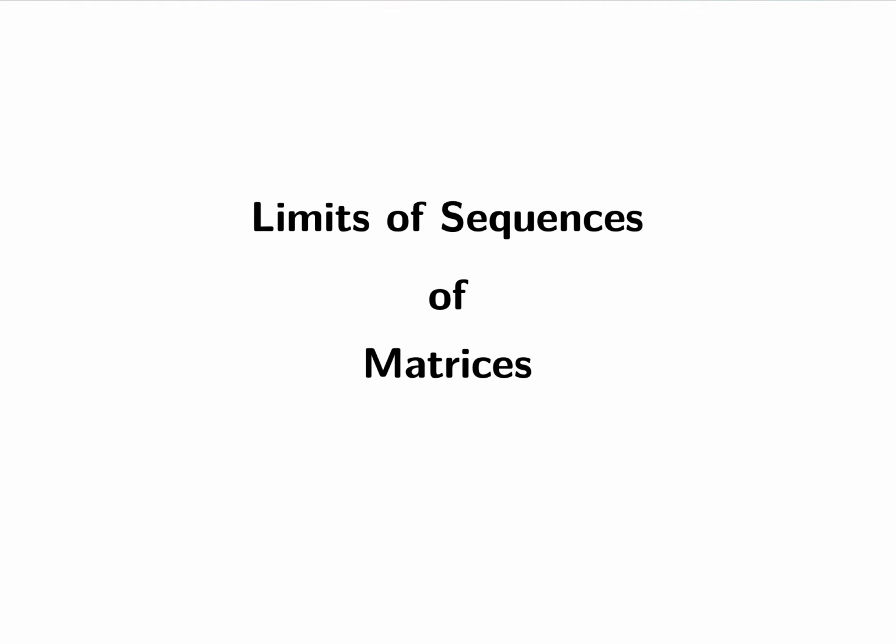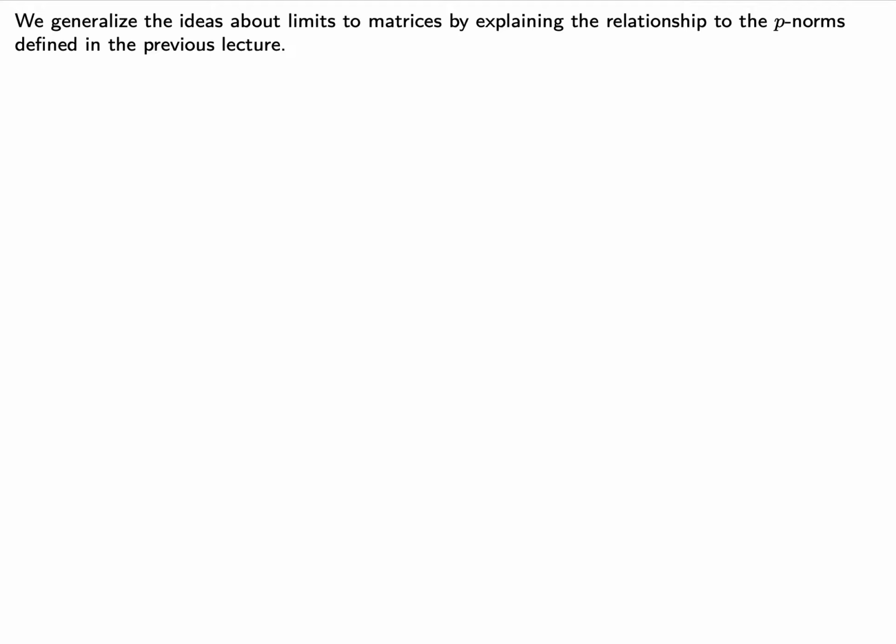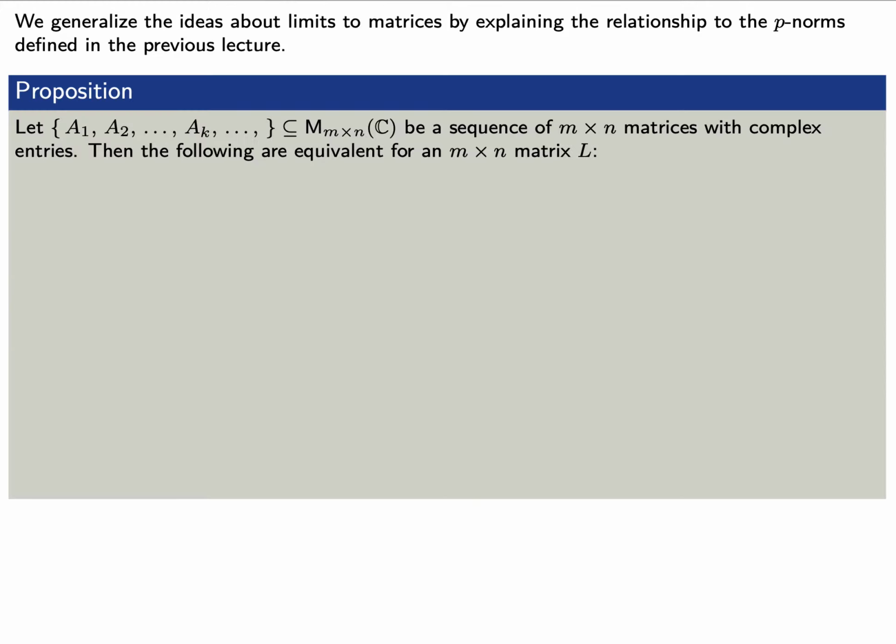Now let's use all of this to define a limit of a sequence of matrices. We've tried to introduce p-norms to explain that there are many, many ways to define when two matrices are close to each other. Now we're going to prove that all of these definitions are one and the same. Let's say that we have a sequence of m by n matrices A sub k.